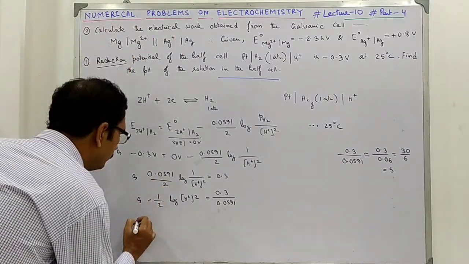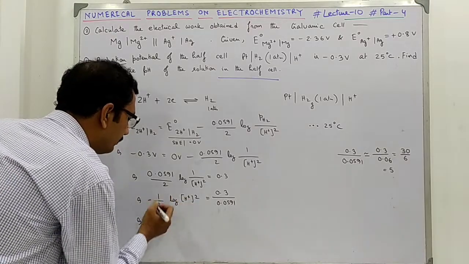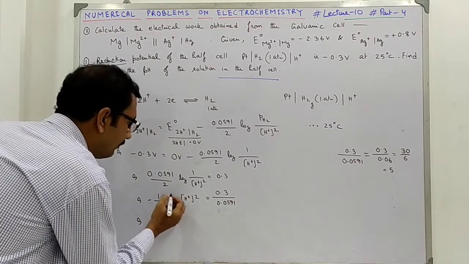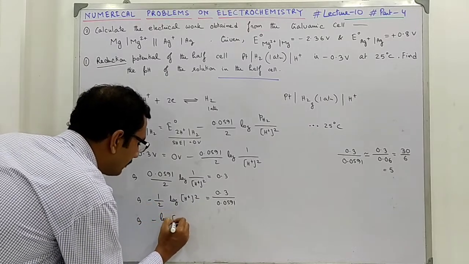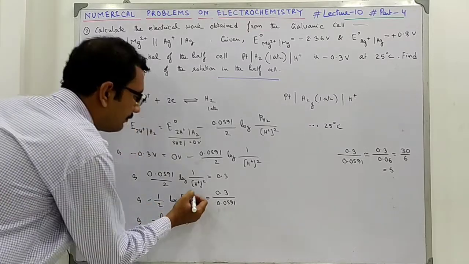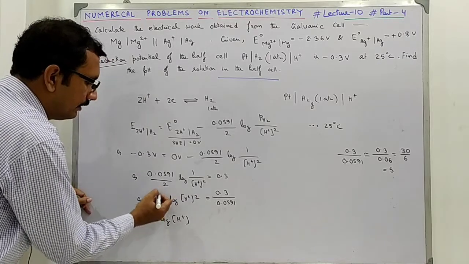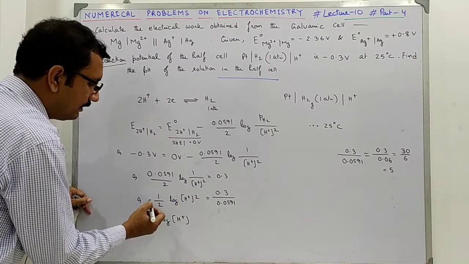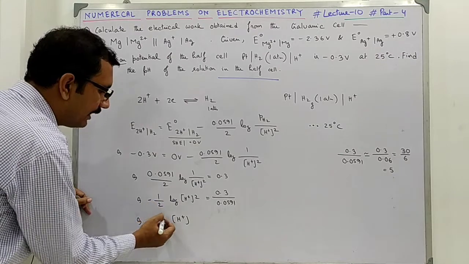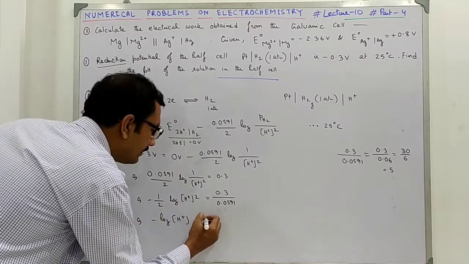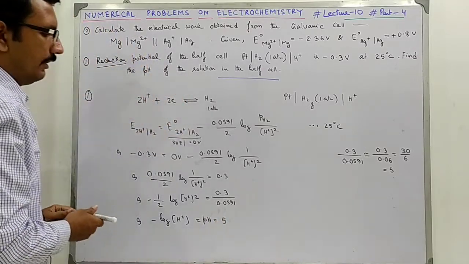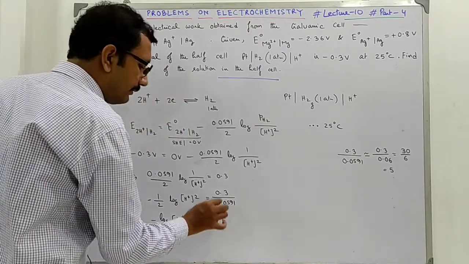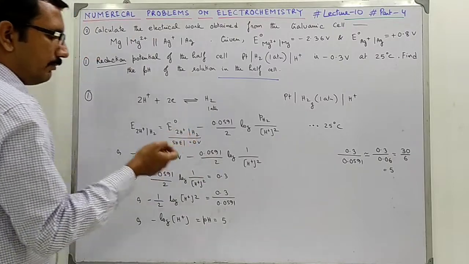Now, we take this 2 to the outside. So, it will be 2 by 2, so it is 1. So, minus log H+. See, this power comes to the coefficient and this 2 will cancel out. So, we will get minus log H+, which is the pH. So, pH will be 5. Now, that will be a very small amount greater than 5.